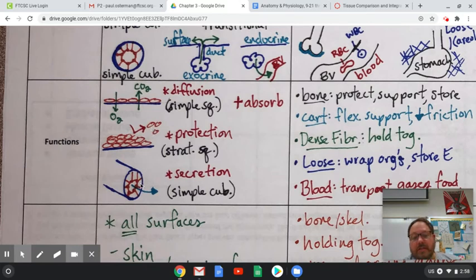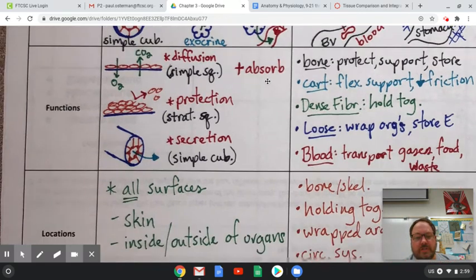Secretion tends to happen in simple cuboidal tissue. Again, think of a gland or a duct. These cells secrete substances into the lumen or cavity, and then it can get delivered to other parts of the body. And then the other function of epithelial tissues is to absorb materials. Think of absorbing nutrients from your small intestine.